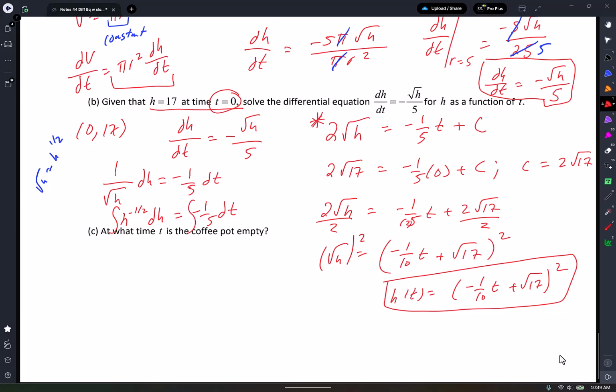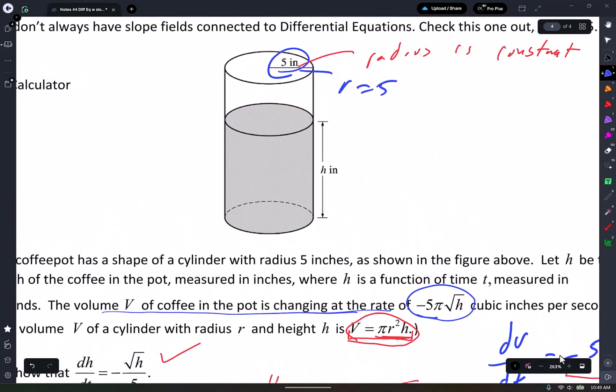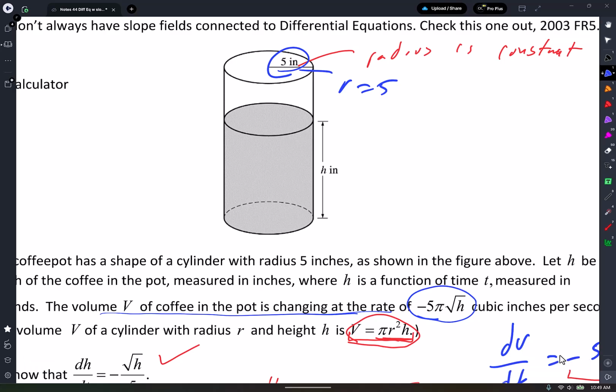Are we still okay? Okay. So h is 0. Yes. You're getting ahead. You're getting really ahead. Letter C. At what time t is the coffee pot empty? The coffee pot is empty whenever there's no coffee. And if there's no coffee, h is 0.